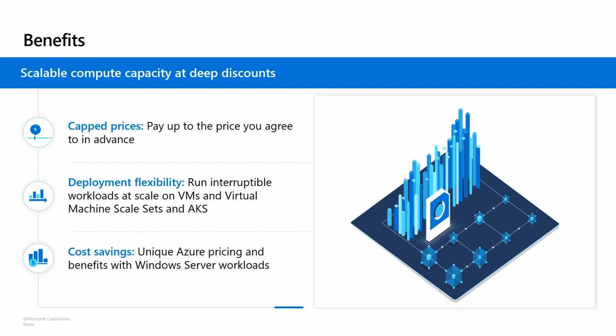You can use single VMs, you can use VMSS, or you can use AKS as your deployment technology. So you have a variety of options for deploying. Spot VMs also offer great ways of saving cost in addition to the 90% discount that you get. If your workload uses Windows, you can use unique Azure pricing for deploying your Spot VMs to save even more.